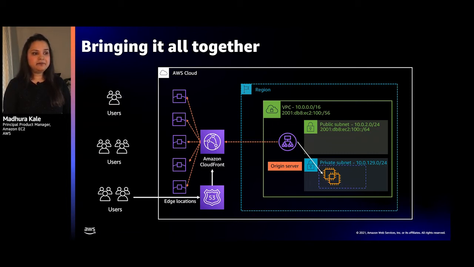However, given this is the first request ever after you created the distribution, the user gets a cache miss, and instead of getting served from the edge location, is routed to the origin server. The origin server responds to the user, but also creates a cache at the nearest edge location to that user, and subsequent requests from that set of users or that geography are then served from the edge location with the lowest latency.